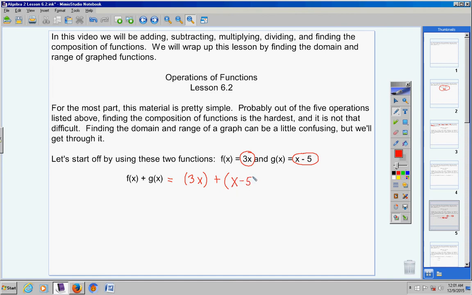Now, notice that these two are adding. They're not side by side, okay? If they were side by side, like this, if the 3x was right next to the parentheses like that, then the two parentheses would be multiplying. You would take the 3x and you would multiply it through times both terms.